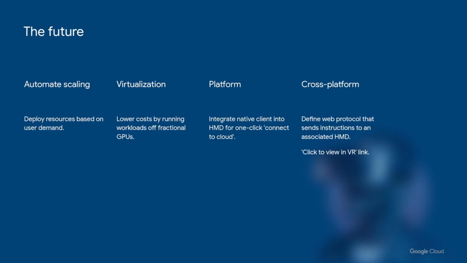And finally, we need to make it a native part of the web. We need to define protocols. And this is obviously a bigger challenge than just having a single solution on top of GCP. We need to establish the fact that when you click something in a headset, for example, it knows to launch a particular client that will then connect to a particular resource on cloud and stream an experience to you.